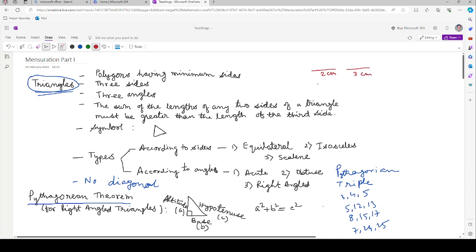Then, if the third side is more than or equal to 5 centimeter, then a triangle cannot be formed because of 2 centimeter and 3 centimeter.